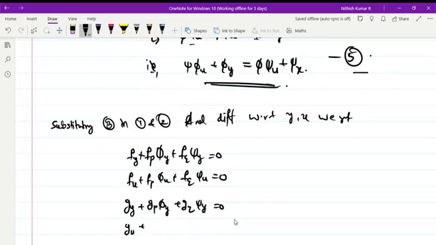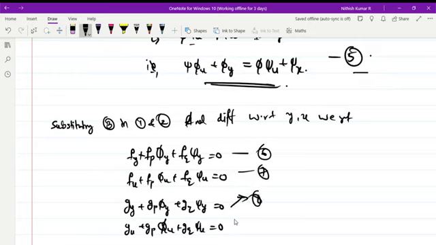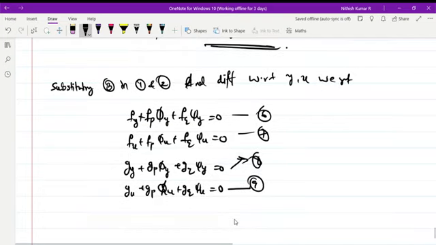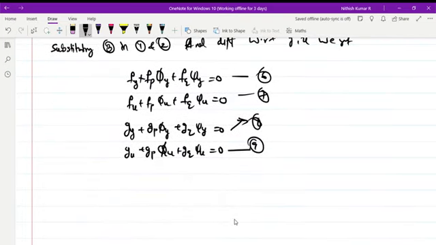So f_p into p with respect to y is nothing but phi_y, plus f_q and q with respect to y, so q is nothing but xi_y, equals 0. Similarly with respect to u, it is f_u plus f_p into phi_u plus f_q into xi_u equals 0.